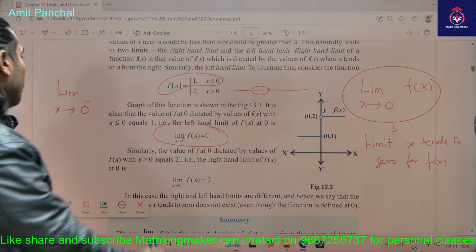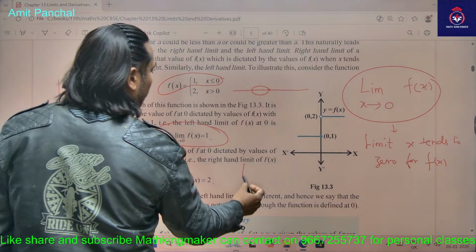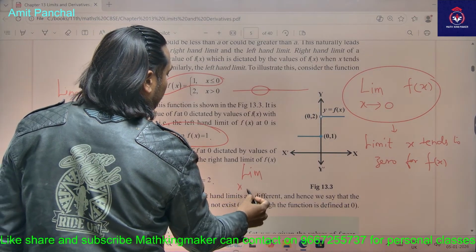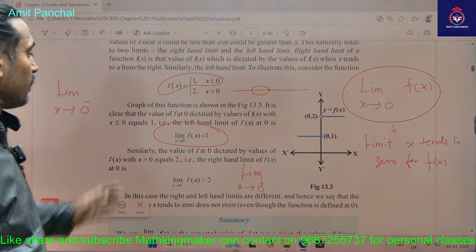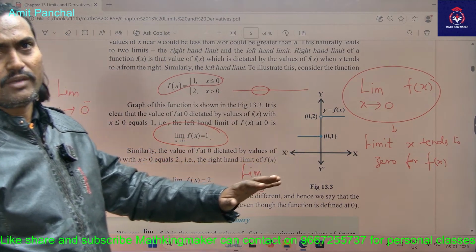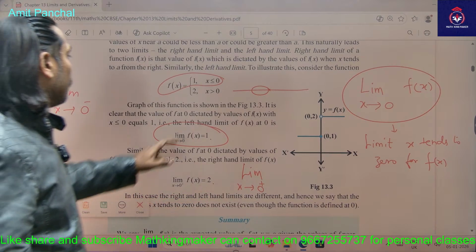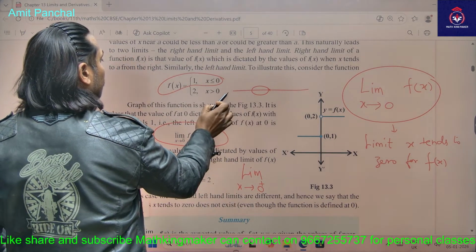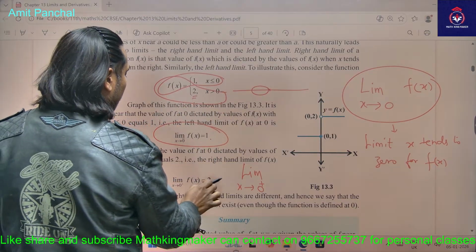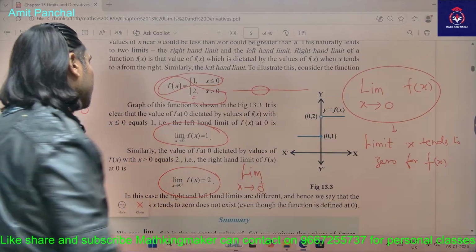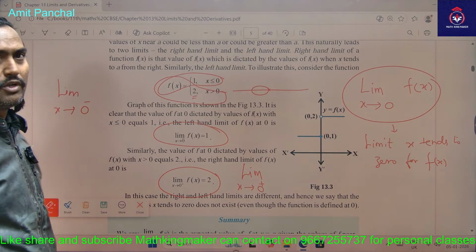And if I write limit x tending to 0 plus, 0 plus means you need to consider x greater than 0. So if x is greater than 0, the function becomes 2. So in this case, they have written limit x tending to 0 plus f(x) equal to 2.